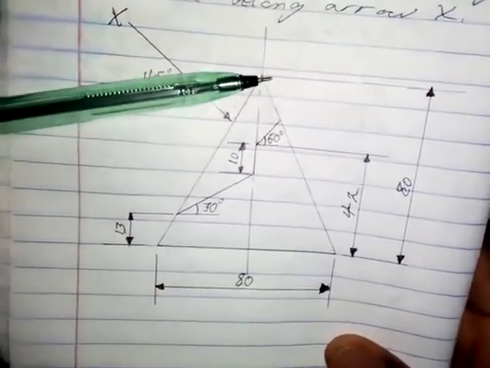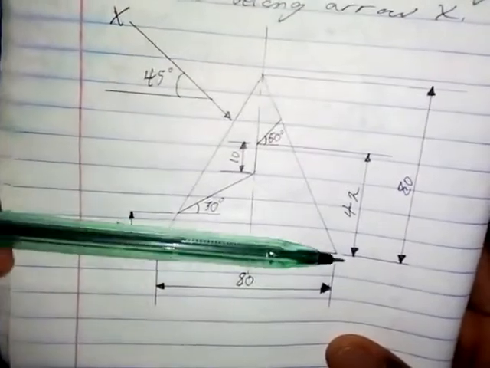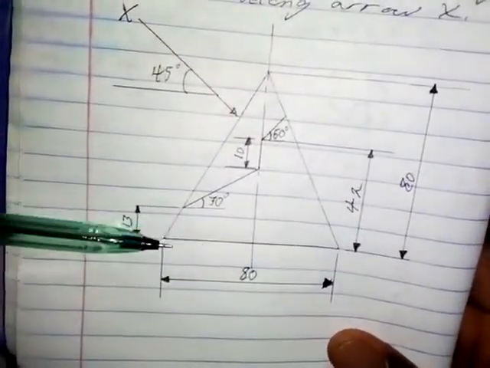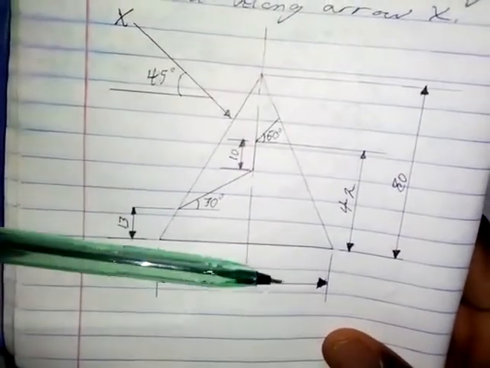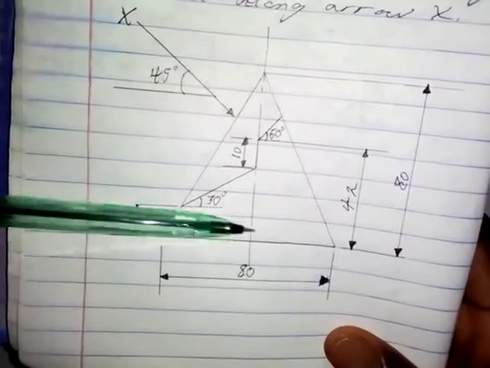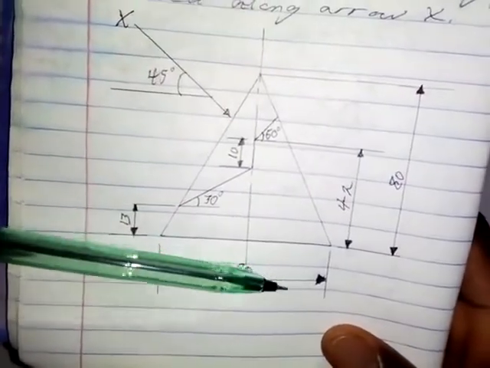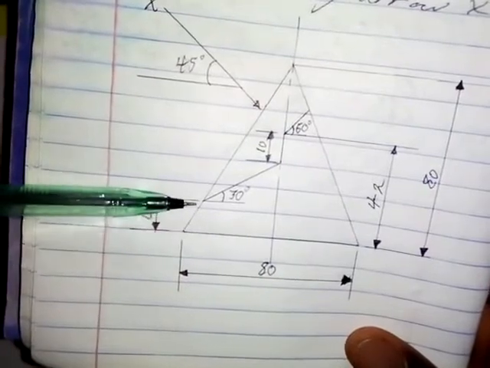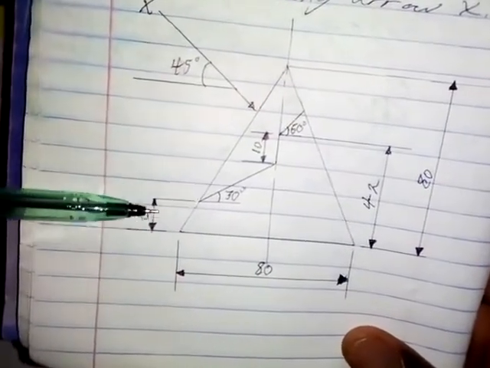So here is the front elevation of a square pyramid, and the length or side of the square base of the pyramid is 80 mm, and we have that the distance from here to here is 13 mm.